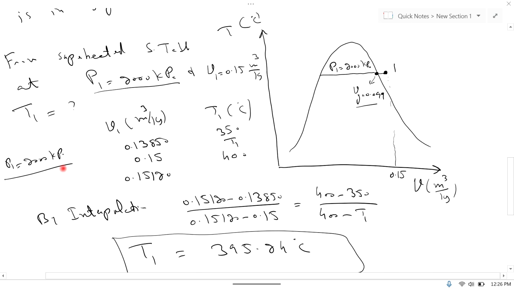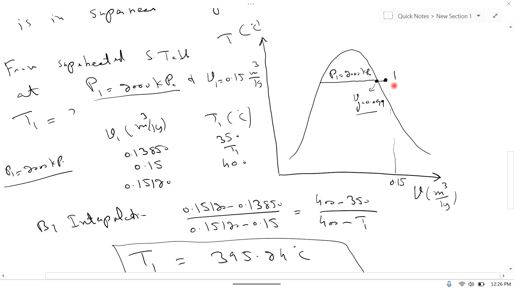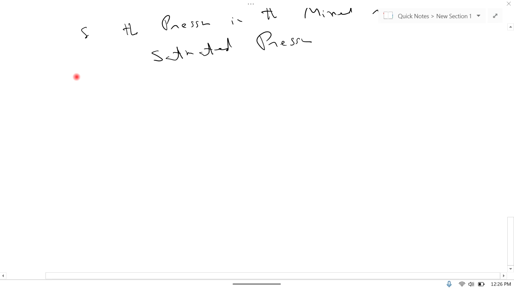On the constant volume process line, this is initial state 1 and this is final state 2, and this is in the mixed region, and here pressure P2 is equal to saturated pressure. So we can easily find saturated pressure.